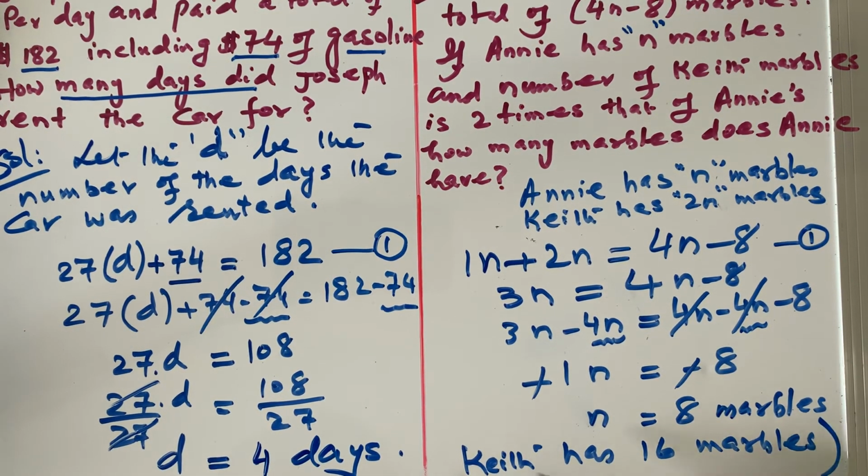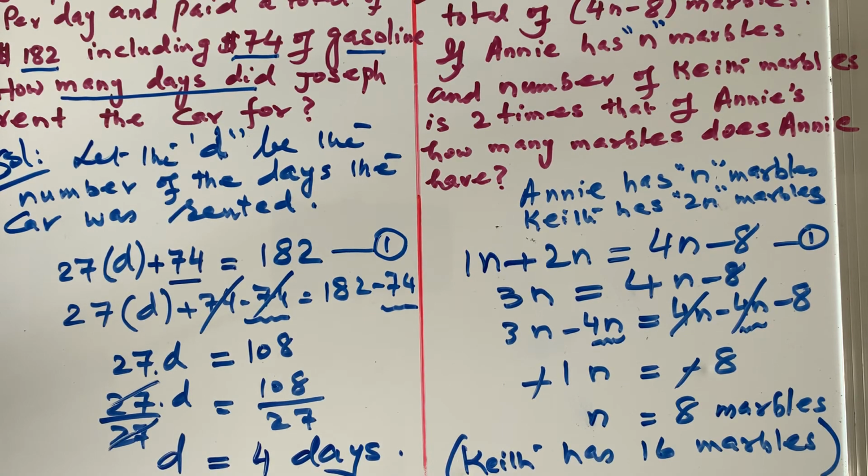But this one is not asked in the question. I'm just adding it. Sometimes they can ask how many marbles Annie and Keith or the two girls have, right? Names could be anything, right? But you have to understand what is hidden in the word problem and how to make the equation.